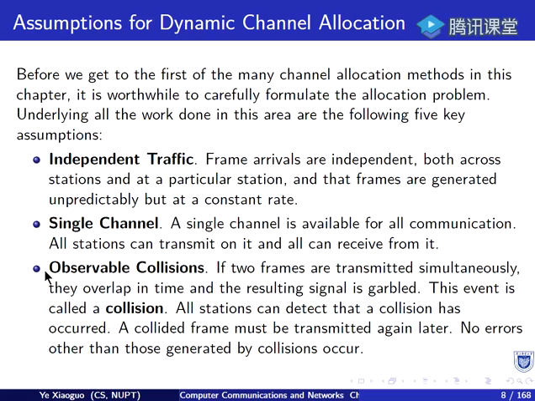Assumption 3, observable collision. Collisions can be observed by the stations. If 2 frames are transmitted simultaneously, they overlap in time and the resulting signal is garbled. This event is called a collision. All stations can detect that a collision has occurred. A collided frame must be transmitted again later.